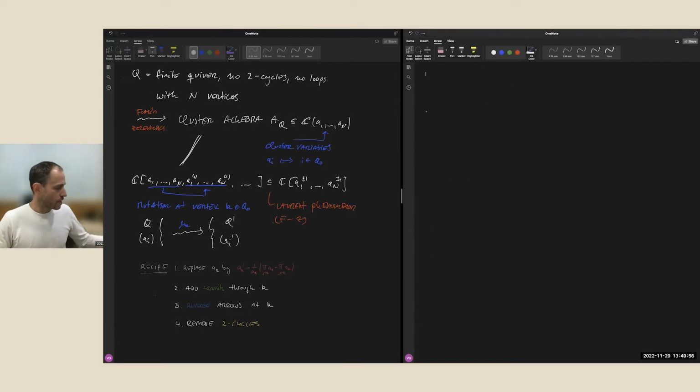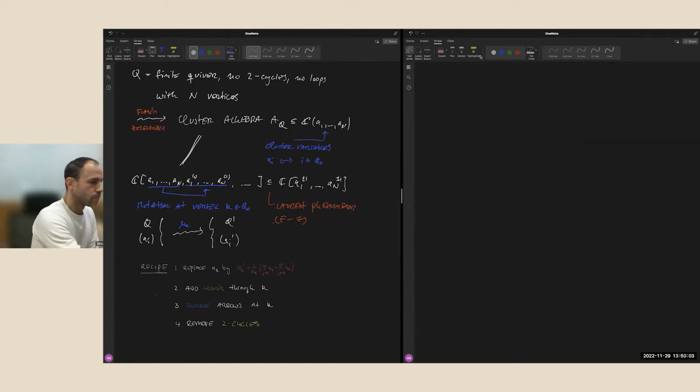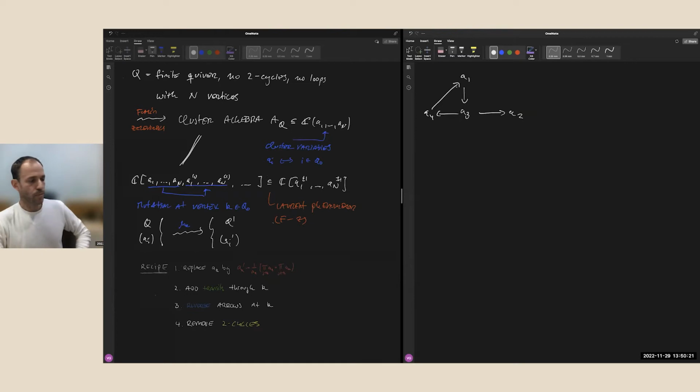So the recipe is written here, and I will just display it on an example. Let's consider the following quiver of 4 vertices and 4 cluster variables. Let's say from the first vertex there's an arrow to the third vertex. The third vertex has outgoing arrows to the second and the fourth vertex. And there's an additional arrow from the fourth to the first vertex. Now we want to mutate, say, at the vertex number 3. So how do we do it? We follow our recipe.